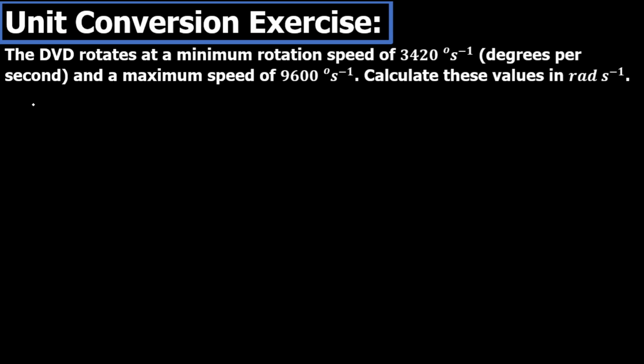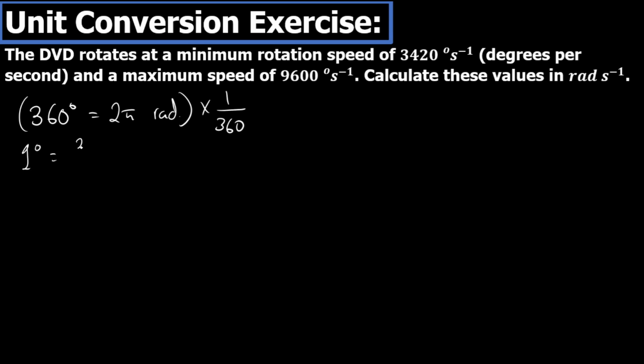So I have 3,420 degrees per second. Now, remembering that 360 degrees is equal to 2 pi radians, and they are giving us degrees, I want to divide that by 360. So I multiply by 1 over 360, and what I will have is 1 degree is equal to 2 over 360 pi radians.